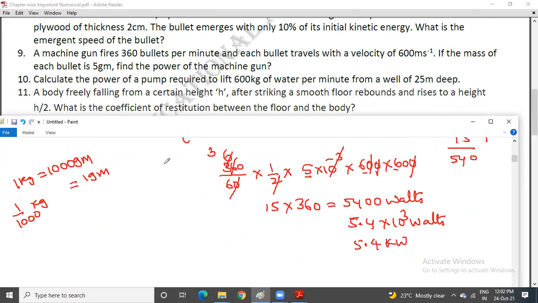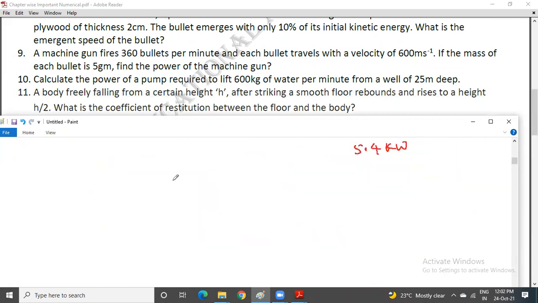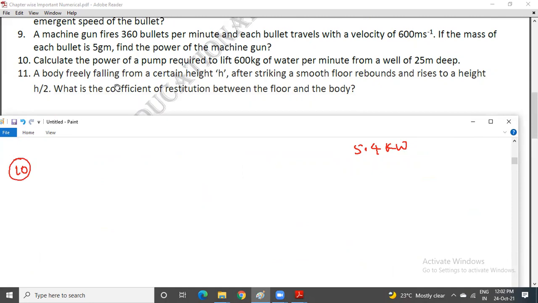Then moving to the next question. This is question number 9. This next question is 10th. Calculate the power of a pump required to lift 600 kg of water per minute from a well of 25 meters deep. So motor is lifting water, water level is 25 meters deep under the earth.